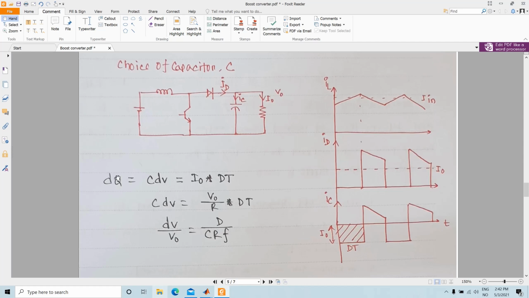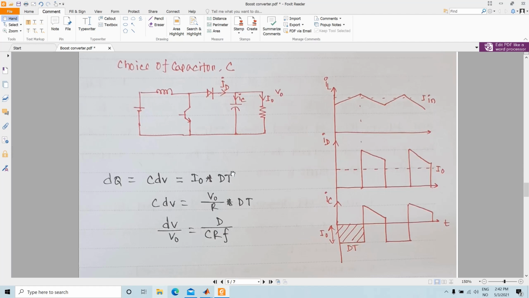So the dq, or the delta q, the amount of charge that is being stored for this amount of time when the current is negative, if we find the area, you know the current and the time. If you multiply these two, you get the charge, which equals I naught multiplied by dt.